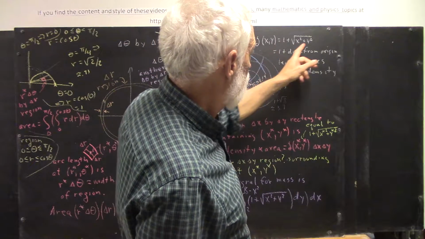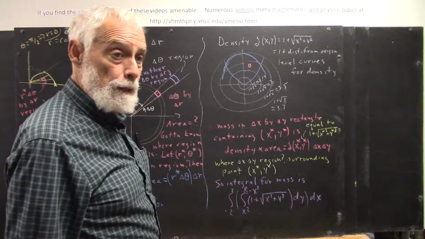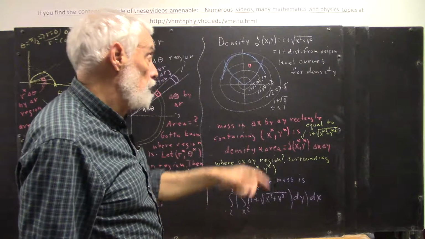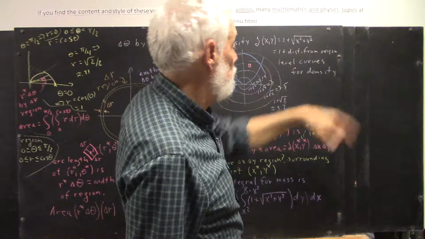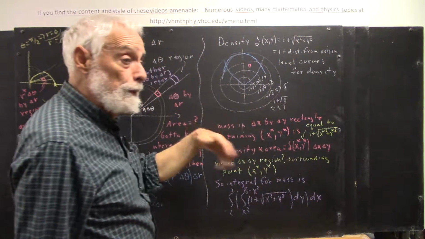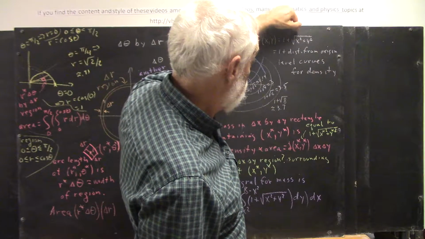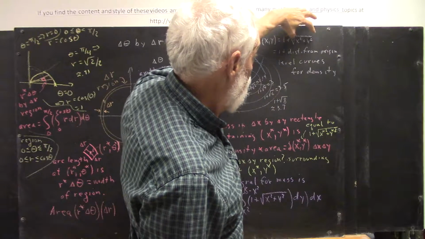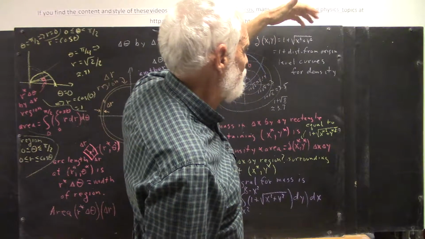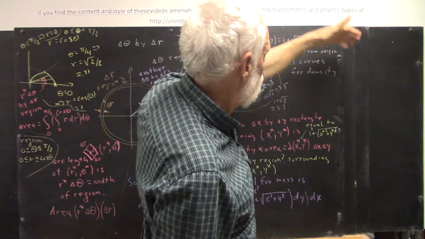Now what do the level curves of this function look like? Well, for a level curve you set this equal to some constant, as long as the number is big enough to make the right hand side greater than 0.